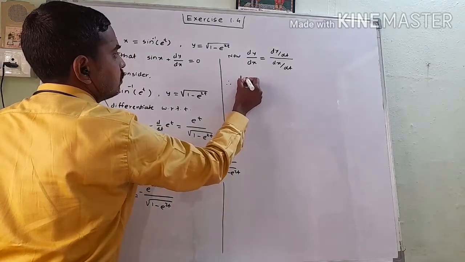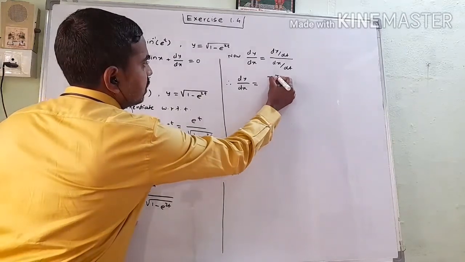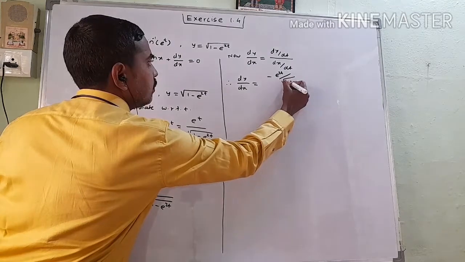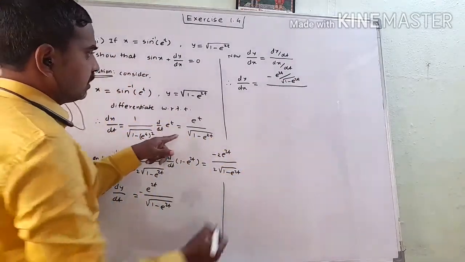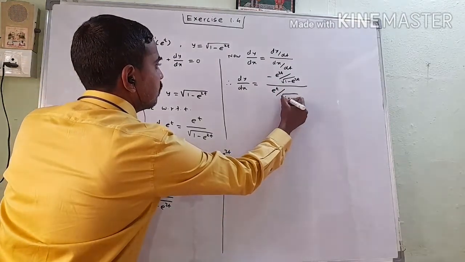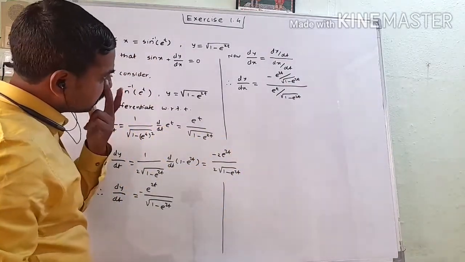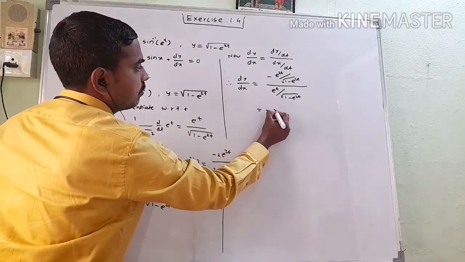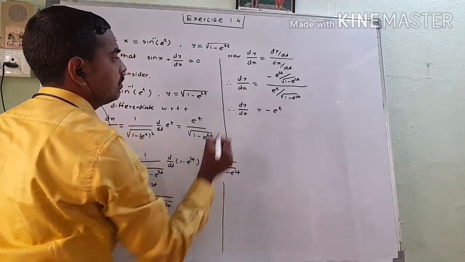We will substitute these two values in the numerator and denominator. dy by dt is minus e raised to twice t divided by root of 1 minus e raised to twice t, divided by the denominator dx by dt, which is e raised to t divided by root of 1 minus e raised to twice t. The root will get cancelled because there is the same expression. E raised to twice t means e raised to t square, so here we get minus e raised to t only. This is the answer of dy by dx in terms of t.